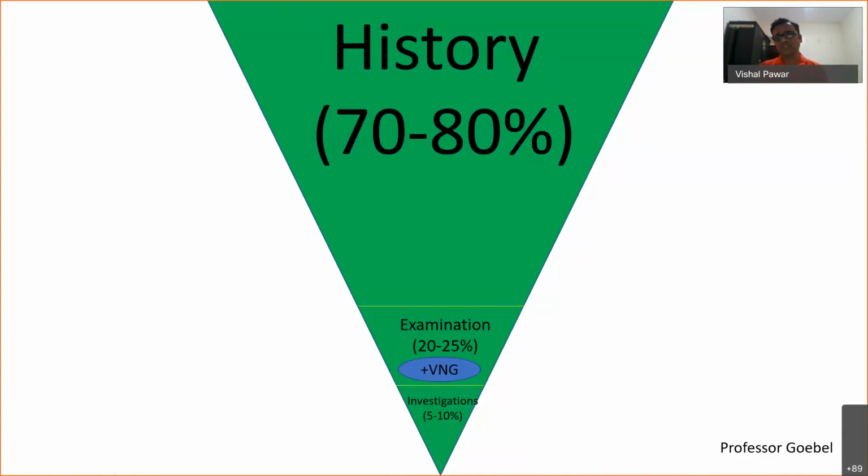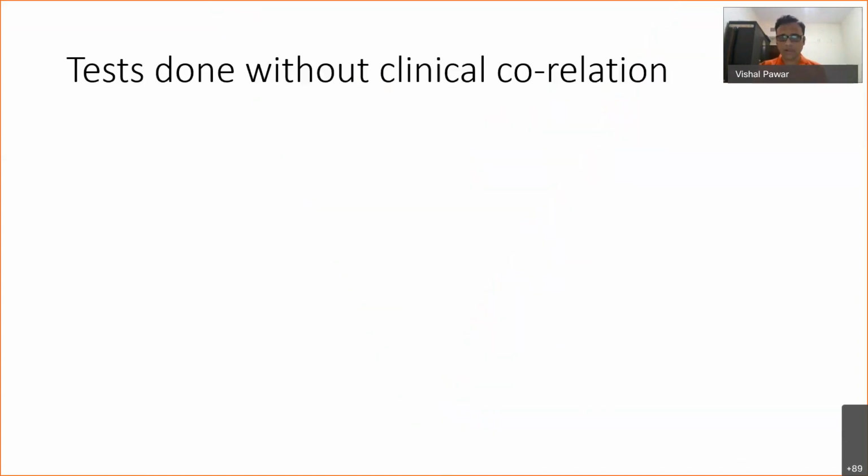I think that VNG is an extension of clinical examination. We are just examining the eye movements in a very detailed fashion. It is just like ECG is an extension of cardiac examination. Similarly, VNG is an extension of the vestibular system examination.